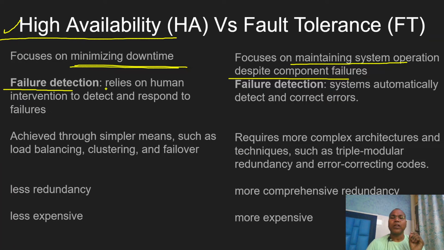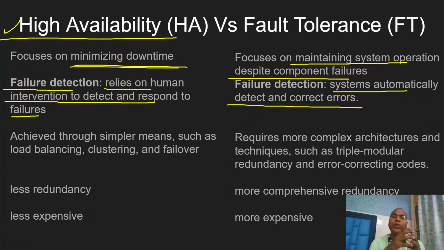Failure detection may rely on human intervention to detect and respond to failure, while here the system automatically detects and corrects. Nowadays both offer automatic availability and failure detection.